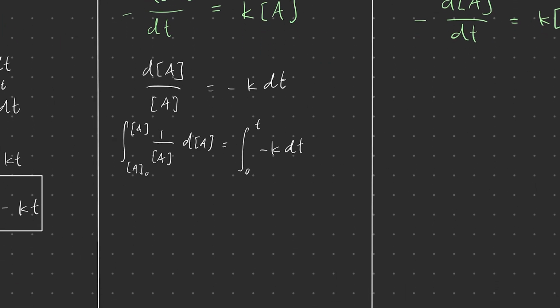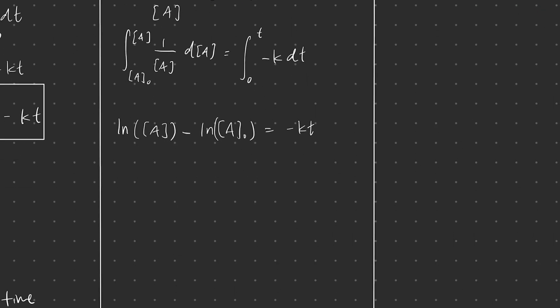And then what's the integral of 1 over x? Remember, this is a special case and we can't use the reverse power rule. It's just a result you have to know. The integral of 1 over x is ln x. So over here, the integral of 1 over A would be ln A. Remember, we have bounds, so we would have ln A minus ln A naught. And the other side is, again, negative kt. We can combine this into a single logarithm using log laws, and that tells us the natural logarithm of A over A naught, just in one term, so it's easier.